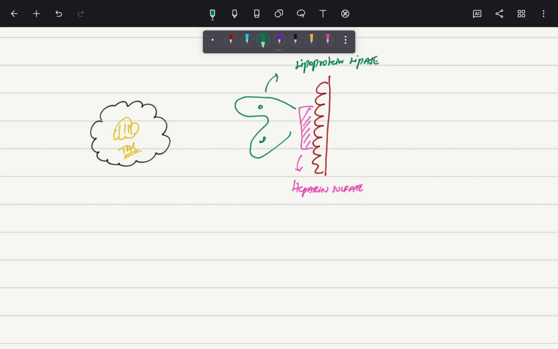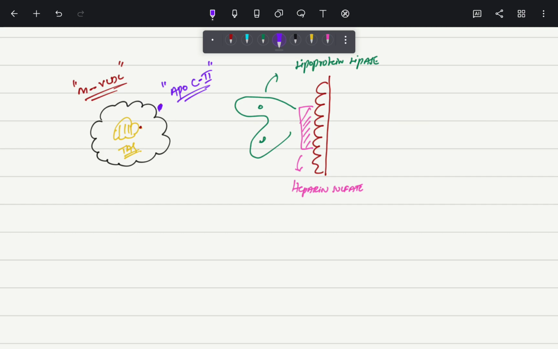Now the function of this lipoprotein lipase is to break down the triacylglycerols. So as you can see here, this is the mature VLDL. Eventually the mature VLDL will have apoprotein C. The mature VLDL will have apoprotein C2, the type 2 apoprotein.